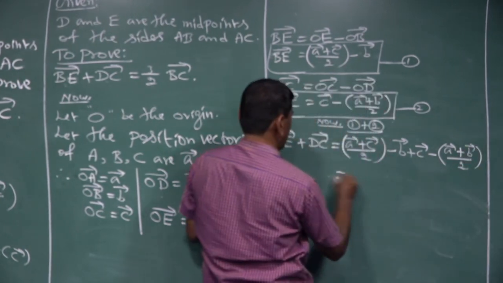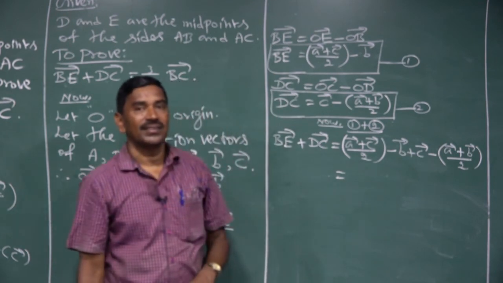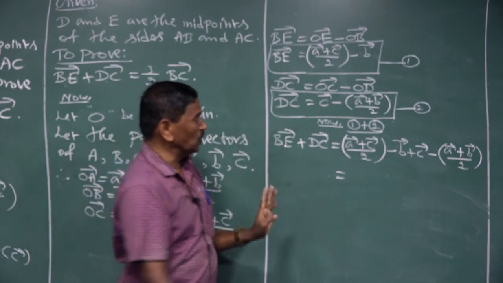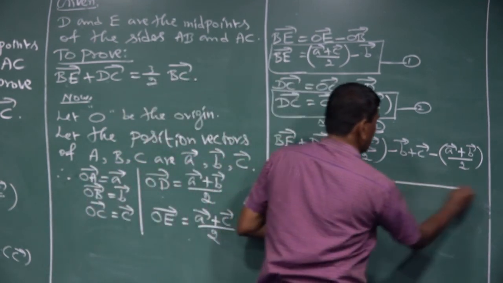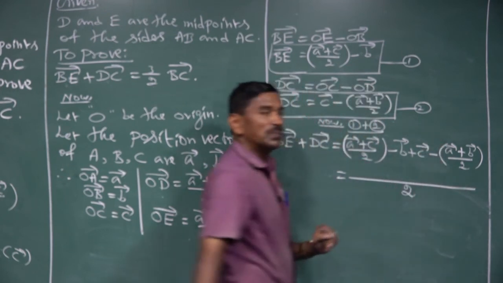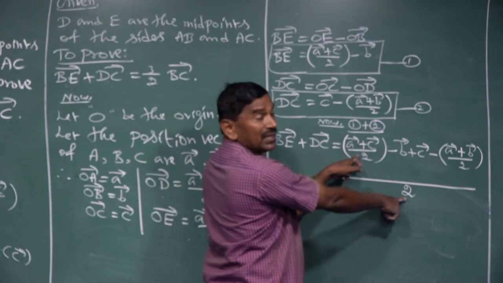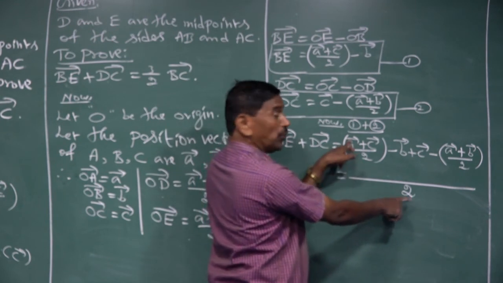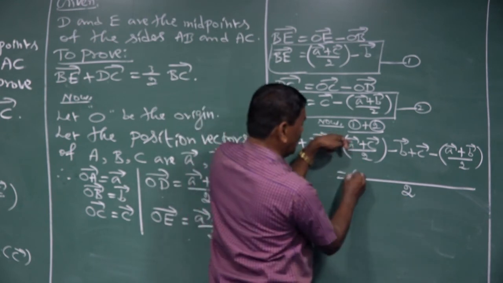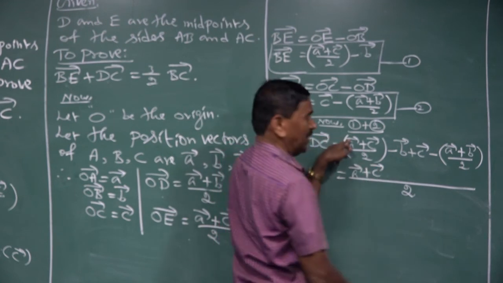Further simplification: LCM 2. Under the first denominator, 1 into 2 is 2, so 1 into the numerator, A vector plus C vector.